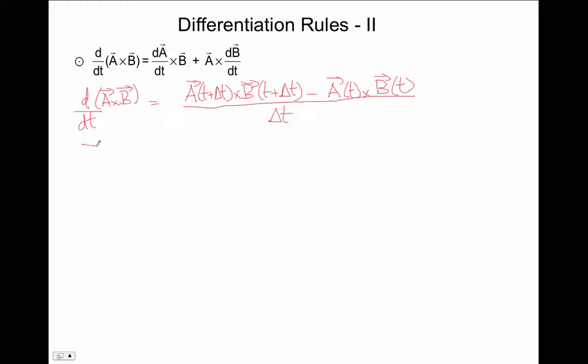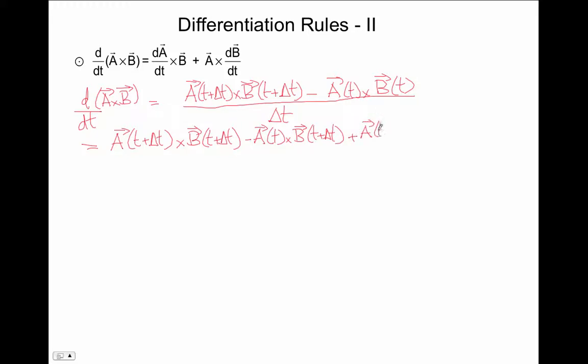And now, just as we did before, we'll use that same trick, which is we'll add and subtract the same quantity. So here I'm going to subtract b of t plus delta t, and then add back the same thing.